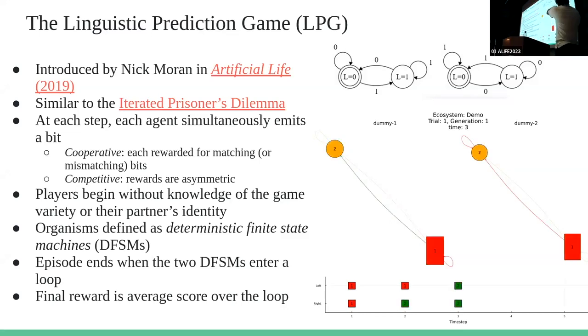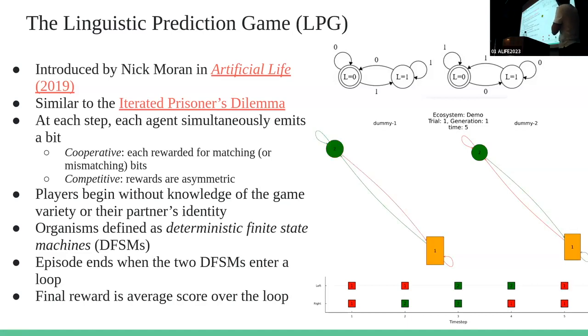You can see an example here on the right of a traditional schematic view of some FSMs where we have labeled transition links and labeled states. The bit is basically the label of each state, which then prompts the transition of the partner. You can see a dynamic representation of this game. The yellow indicates the current state.